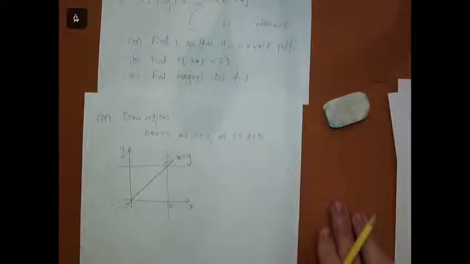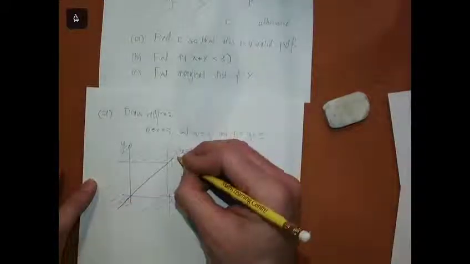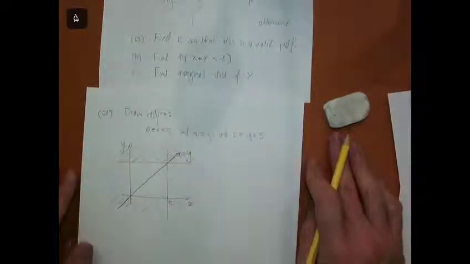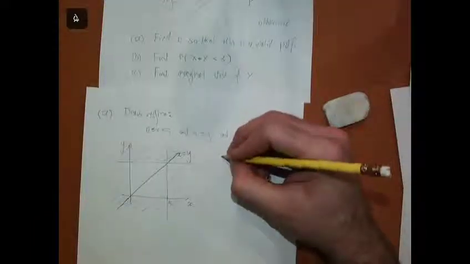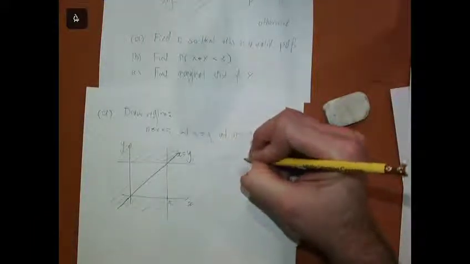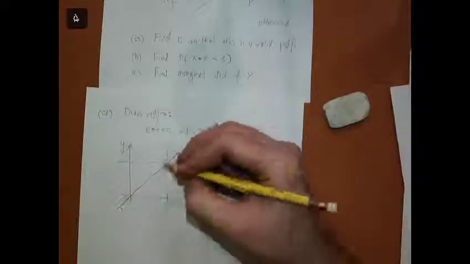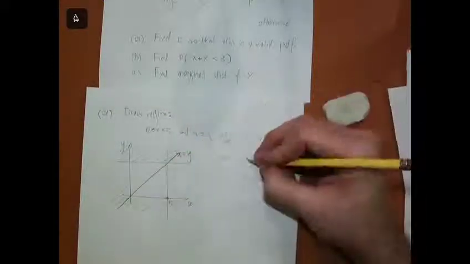And I know that, being a straight line, for inequalities with straight lines, the entire part of one side of the line will need to be crossed out because it's the wrong side, and the whole of the other side will be the right side. So what I need to do is figure out which side is the wrong side and which side is the right side. And the easiest way to do that is to sub in a point. So I need a point that's not on this line, so (5, 0) is a pretty good point.